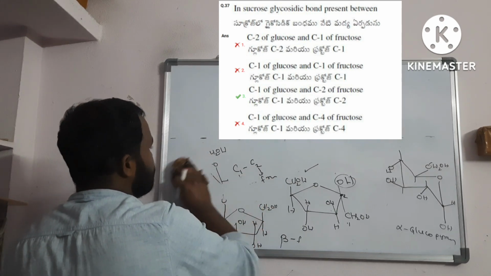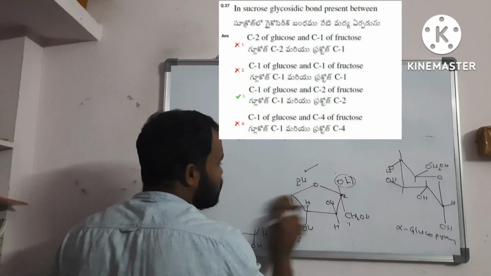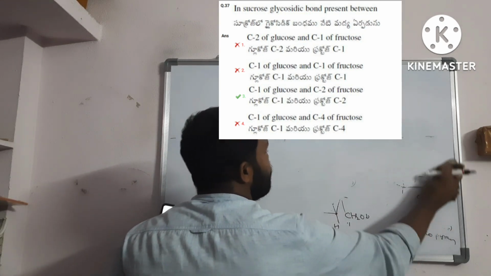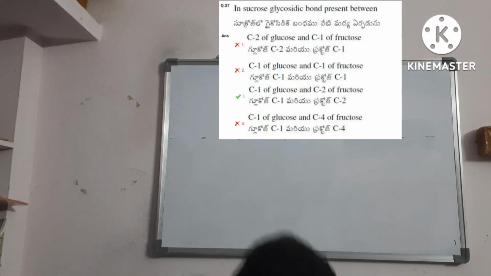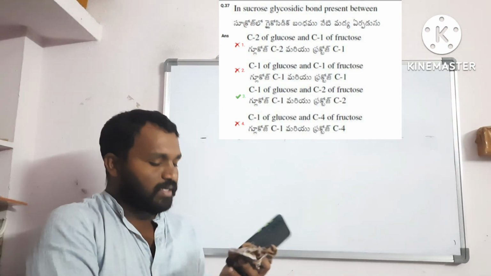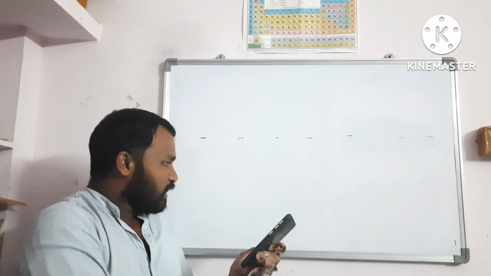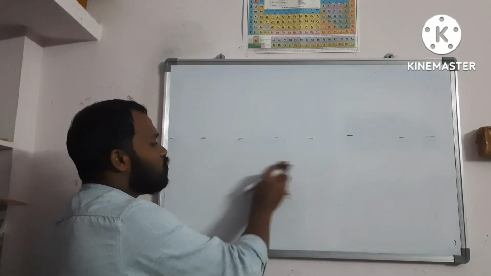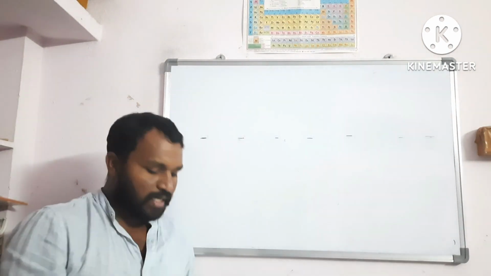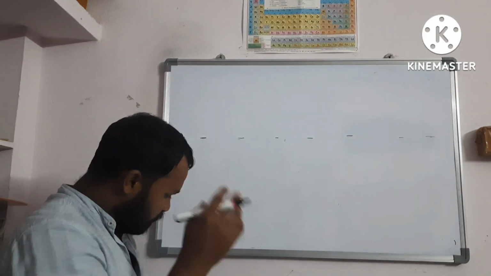This is the basic important concept. Because of this reason only I am explaining in depth for further concepts. Same for sucrose, maltose, lactose and everything, you should know this concept. In this C1 carbon we took, there is no free hydroxyl group, hence it is a non-reducing sugar. That we already discussed.